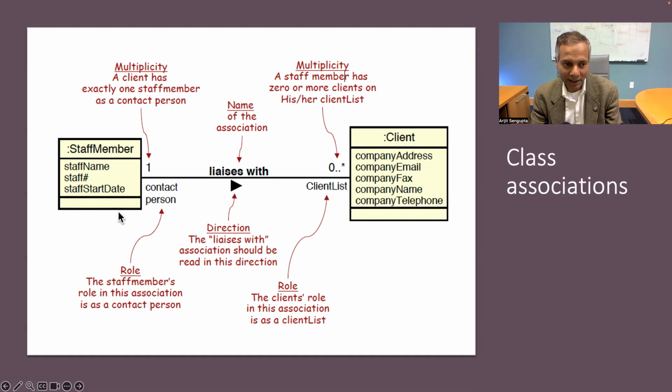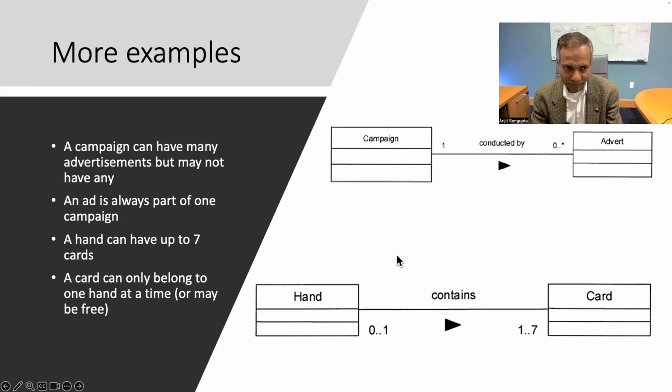So I could technically have a list of clients for the staff member class, and in the client object, I could have a reference to the staff member who actually manages that client.